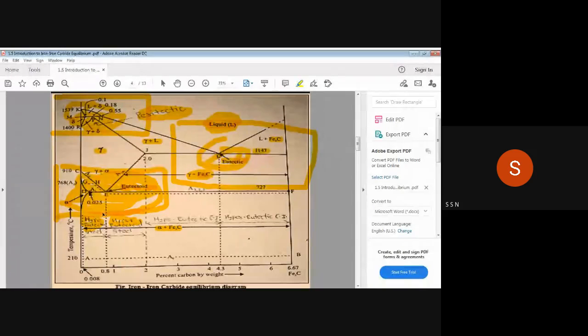Hypo कधी म्हणणार, पर्सेंटेज ऑफ कार्बन 0.8 लागतं कुठं, E पॉइंटला, त्याच्यापेक्षा कमी असेल तर that will be called a hypo-eutectoid transformation. And if it is more than this E point, it will be called a hyper-eutectoid transformation. जसं हायपर आणि हायपोपेरिटेक्टिक होतं, तसंच इथं hyper and hypo-eutectoid transformations are there.